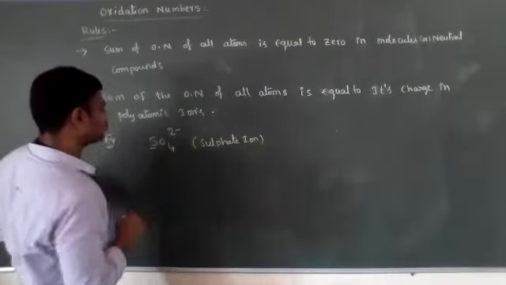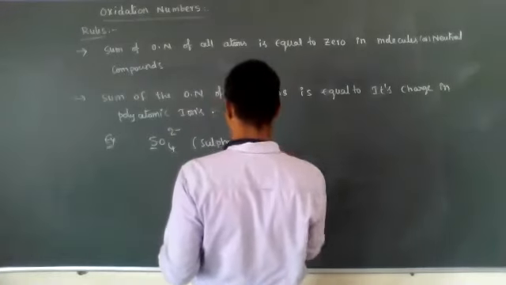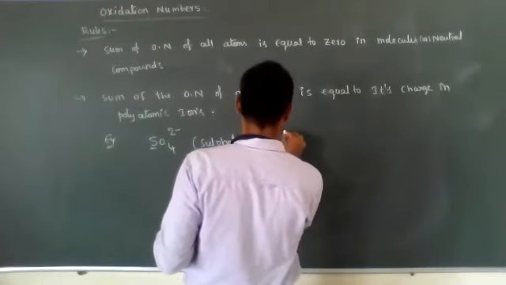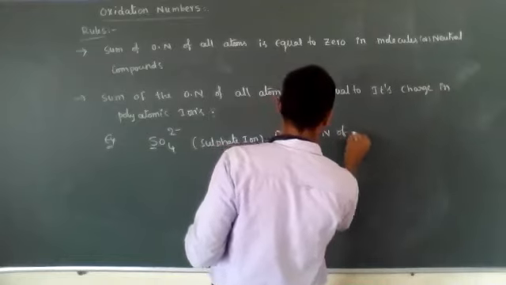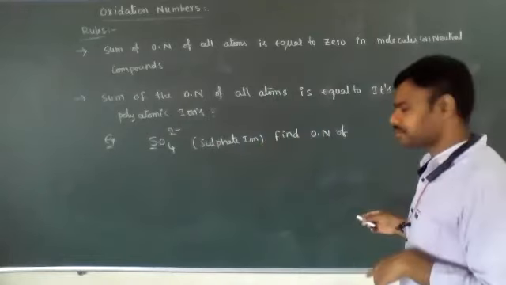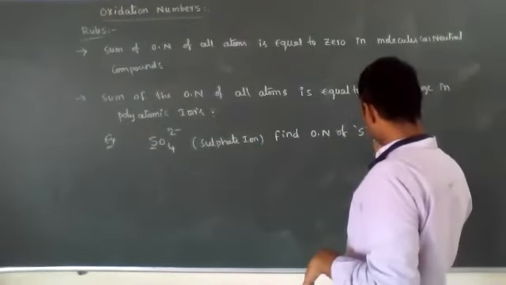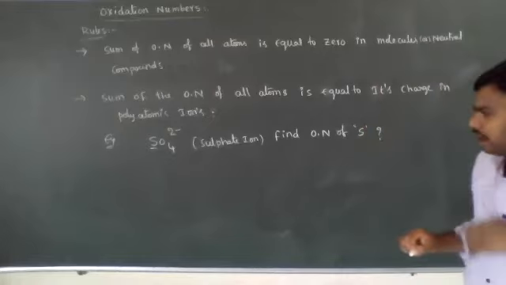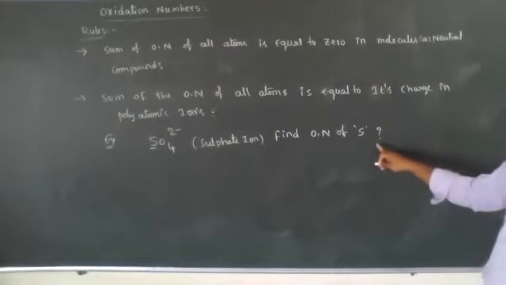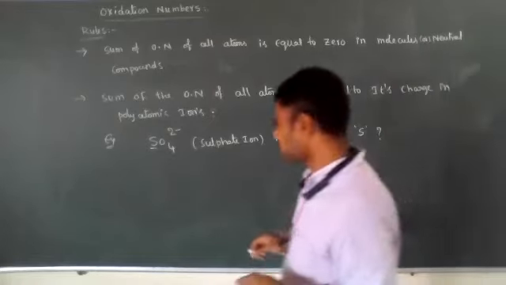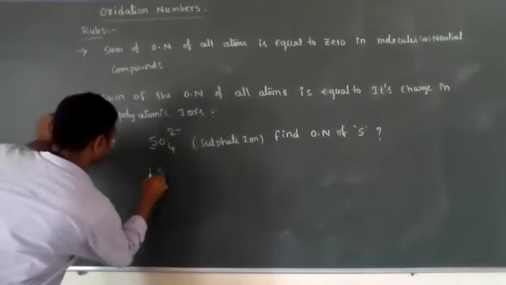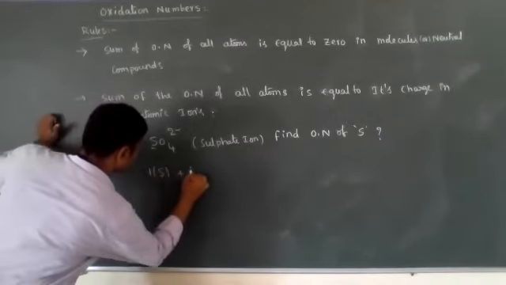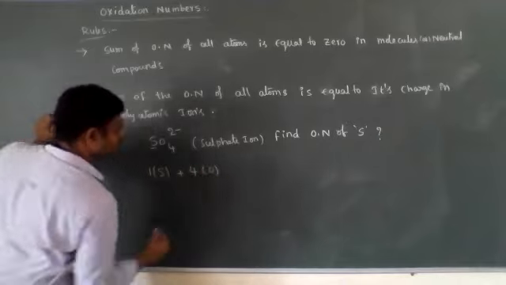I want to calculate the sulfur atom oxidation number. Find the oxidation number of sulfur. One sulfur atom and 4 oxygen atoms are present.